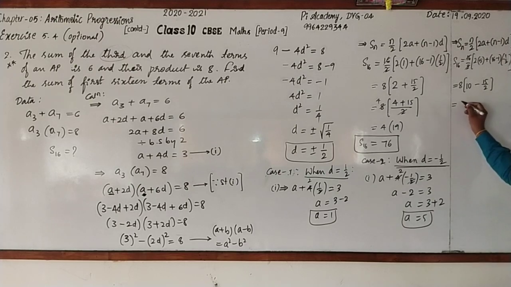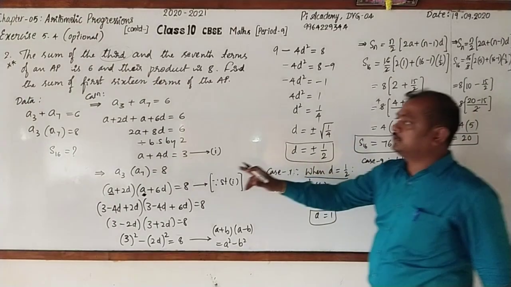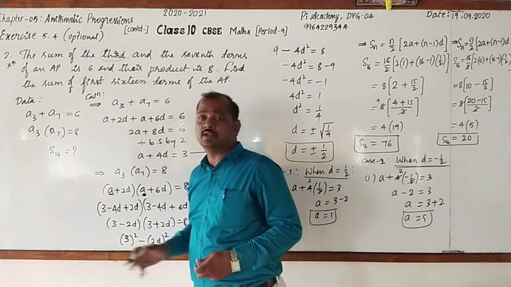It is equal to 8 into, take LCM. LCM is 2. Multiply LCM with the first term. 2 10s are 20. With second term, 2 get cancelled, 15. Here you can cancel it. 2 1s are 2 4s are. Then 20 minus 15, it is 5. 4 5s are 20. Yes, S16 is 20. Clear? So we can write the sum of 16 terms.